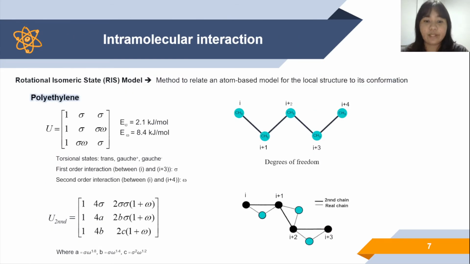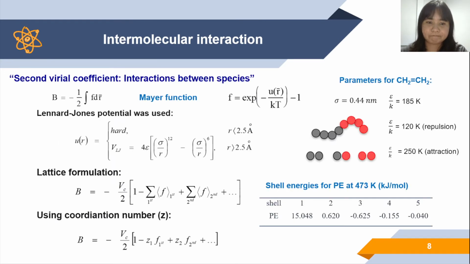In this slide, I would like to introduce the intrachain interaction. The IH model is used to describe short-length interaction, which depend on the polymer conformation. The IH model has three states of each bond edge: trans, gauche plus, and gauche minus, which include first order and second order interaction.